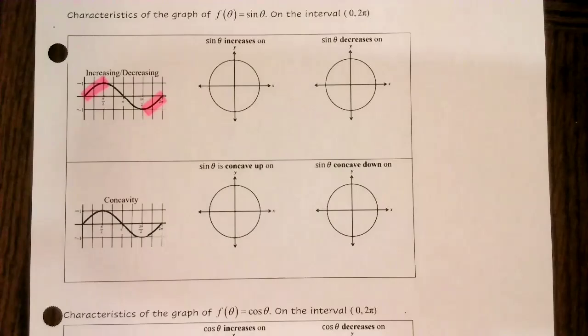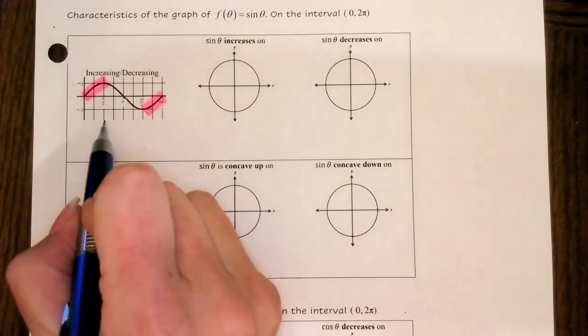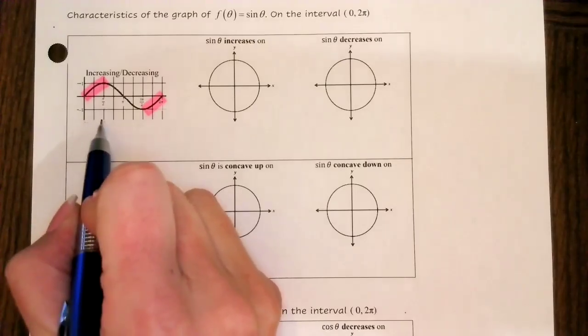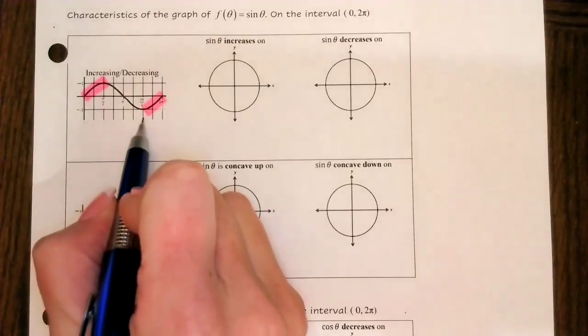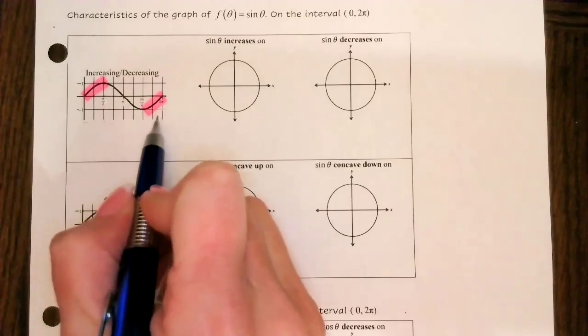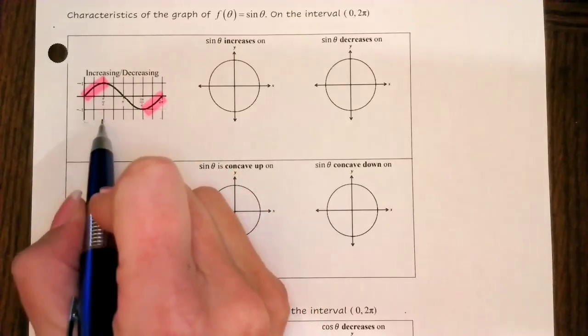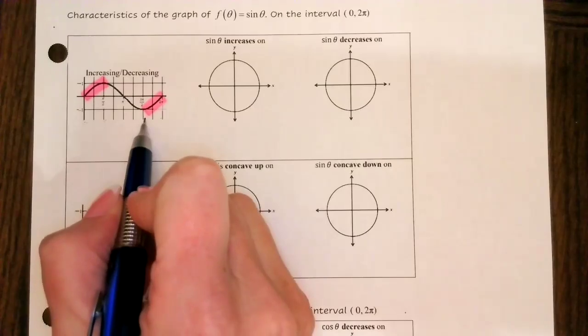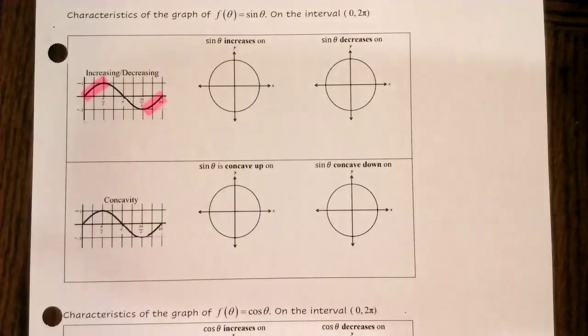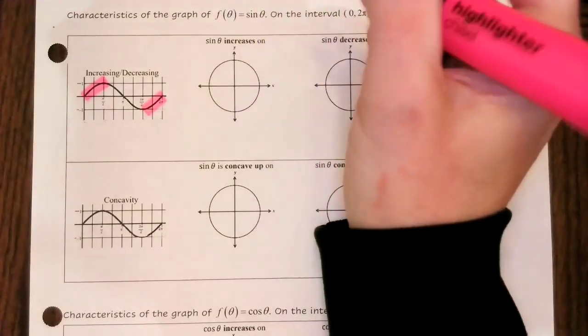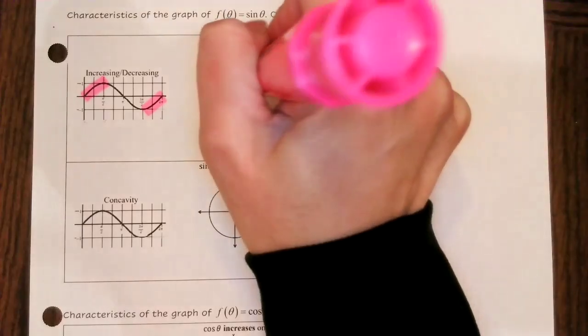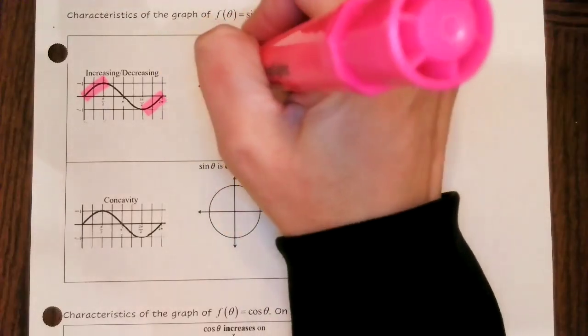Now remember, when we write intervals, we write the x values. So I'm going to say from here to here is where it's increasing, and then again from here to here, those x values. So from 0 to pi over 2, and then again from 3 pi over 2 to 2 pi. Let's talk about that on the unit circle next to it where it says the sine of theta increases on. So we just said from 0 to pi over 2, so that is this section right here.